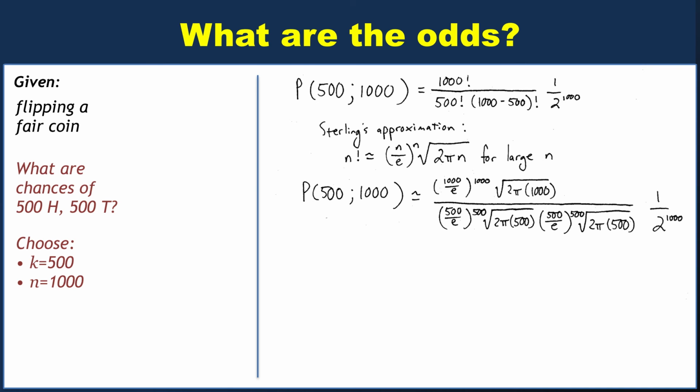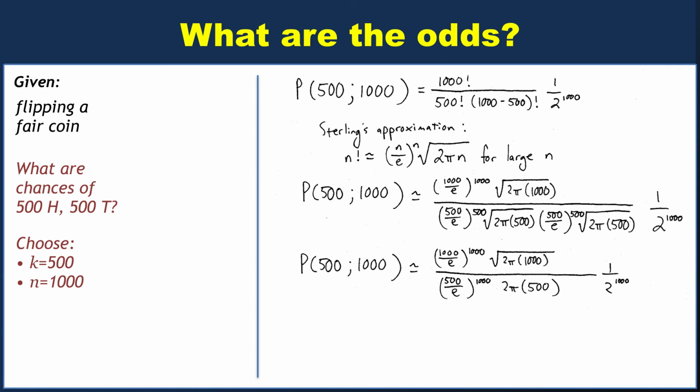That will become 500 over e to the 1,000th power. Alright, so if we do that, then in the next line you can see that we have 1,000 over e to the 1,000th power times square root of 2 pi 1,000. Then in the denominator, 500 over e to the 1,000th power. Now that's times 2 pi over 500 without the square root because we had two of those in square roots in the previous expression. Okay, I think I said all that right.